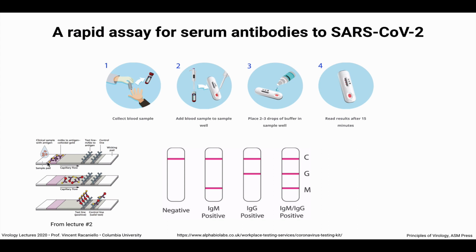So when you put the drop in that part of the well, that's where it's going. And then in our original assay on this first area, we had antibodies to the antigen. Well, now, since we're looking for antibodies, we're going to have antigen on the pad here.